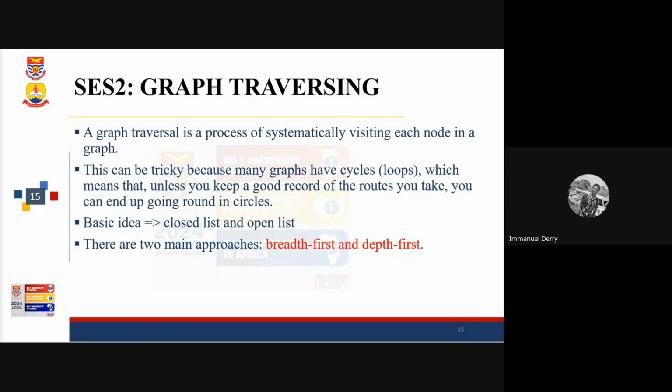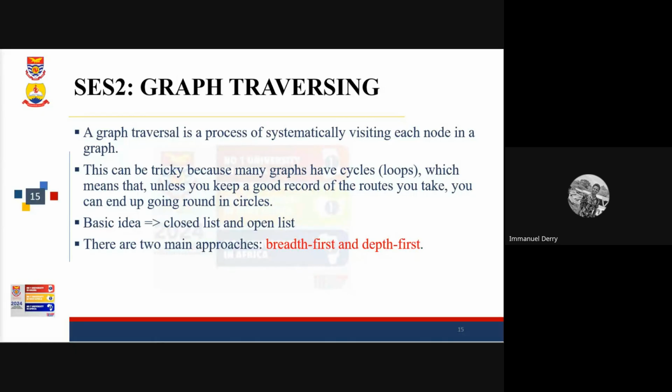And this can be tricky because many graphs could have circles or the loops I spoke about, which means that unless we keep good records of the route we take, we can end up going round and round and round in circles.